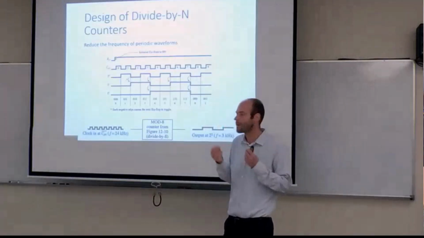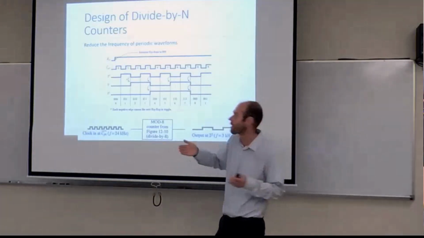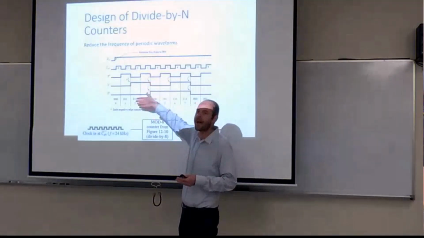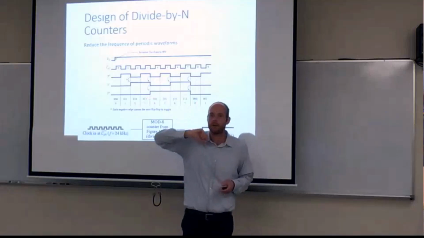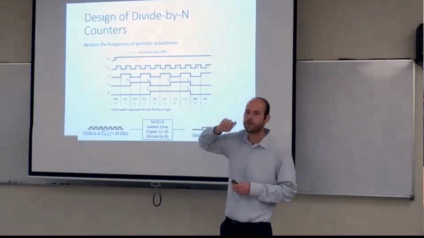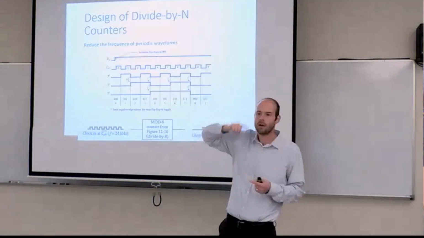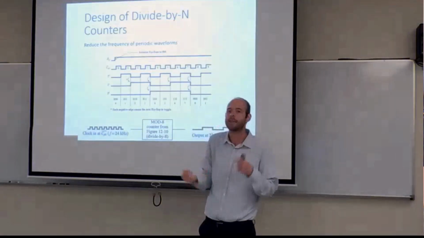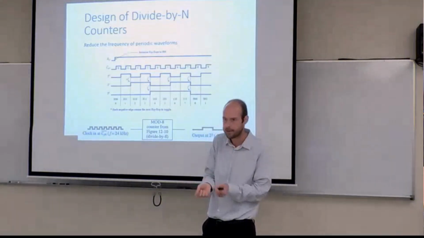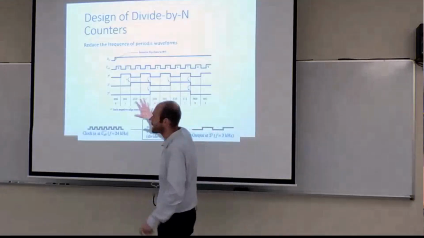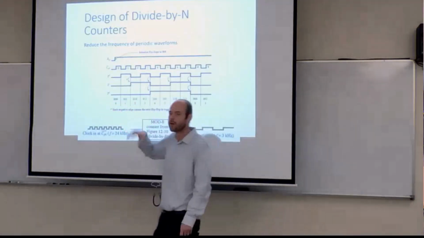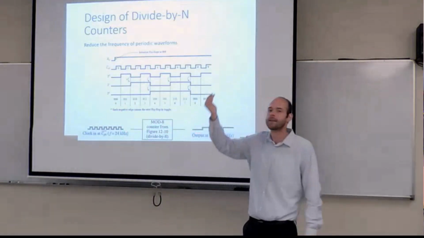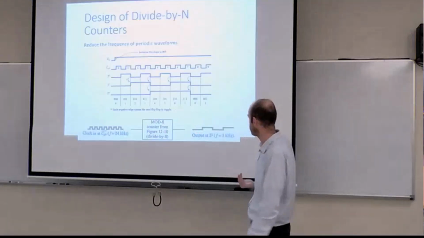All a prescaler is, is putting that clock through a bank of flip-flops that are going to divide it by a certain amount. So if you want a prescaler of 256, you just run your clock signal through 8 flip-flops, and you've now divided that signal frequency by 256. So the divide by notation is a very functionally useful ability for us to be able to step down frequency of signals.